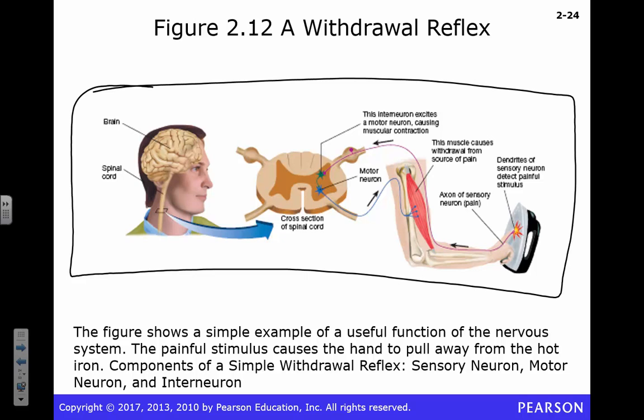A lot of reflexes. What's interesting about this is it doesn't have to go to your brain. That's kind of fun. Which is good because that saves you time, right? And sometimes even milliseconds can mean the difference between second and third degree. Absolutely. This guy's still getting a burn, but it may not be a third-degree burn, right? Which is great.